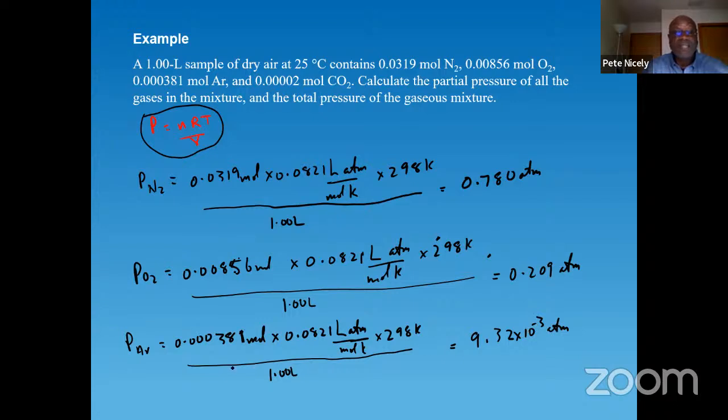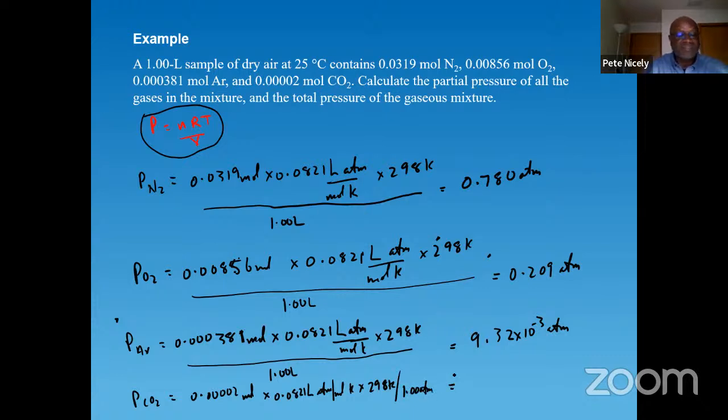atmospheres. And then the last gas, the partial pressure of carbon dioxide, would be equal to 0.0002 moles times 0.0821 liters atmospheres over mole Kelvin times 298 Kelvin, all divided by 1.00 atmospheres.